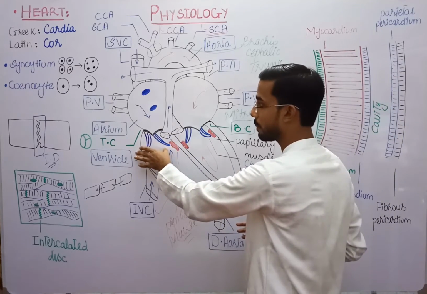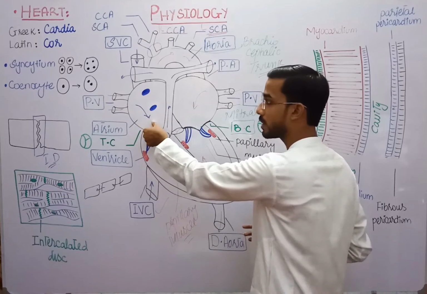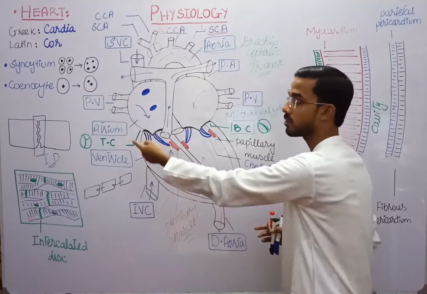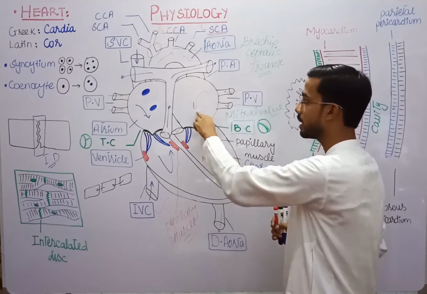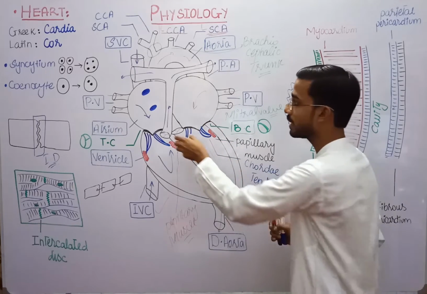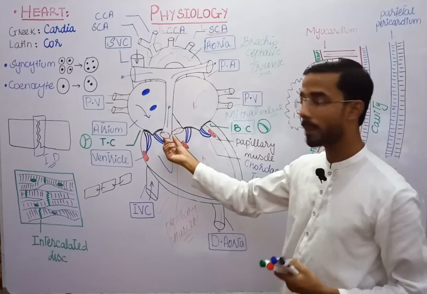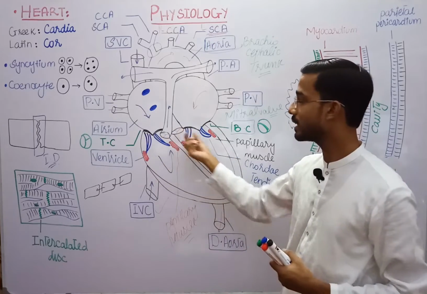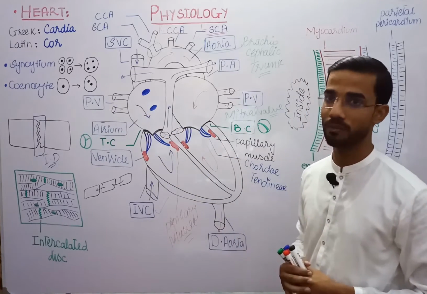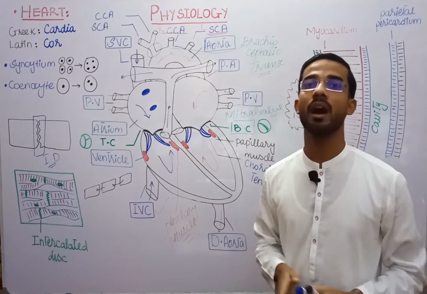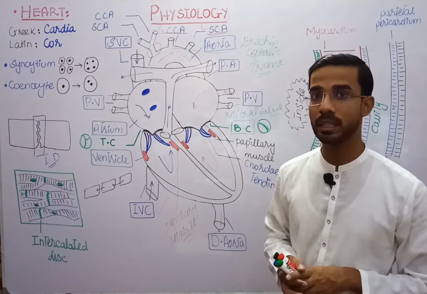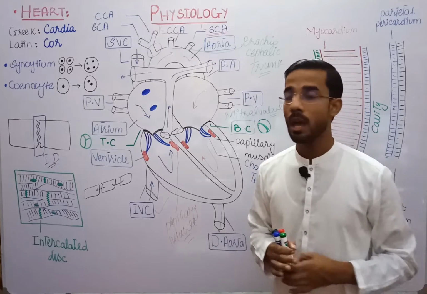The right side has the atrioventricular valve, tricuspid, and the left side is the bicuspid, and at the junction of the pulmonary trunk and the aorta are the semilunar valves, right? Just like four chambers are present in the heart, four valves are present in the heart, right?